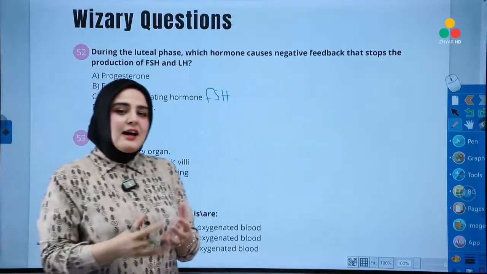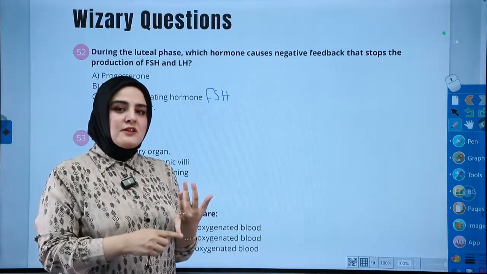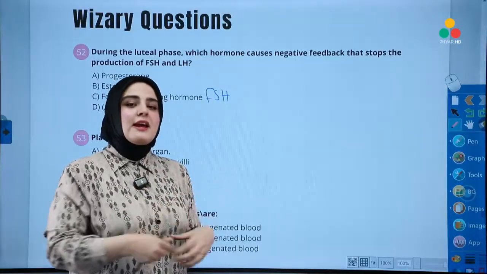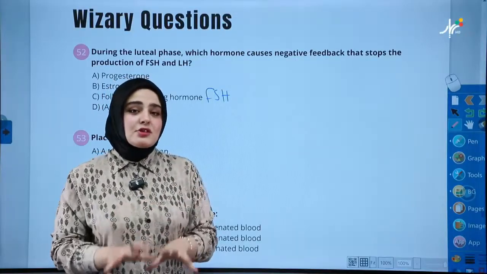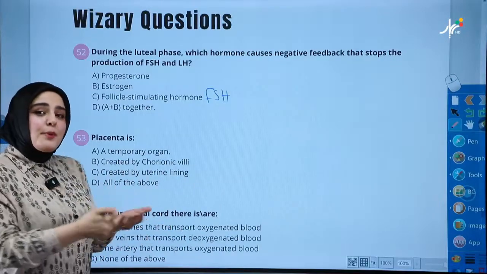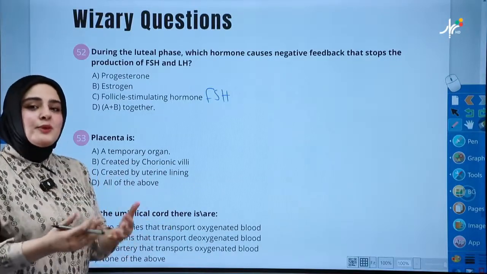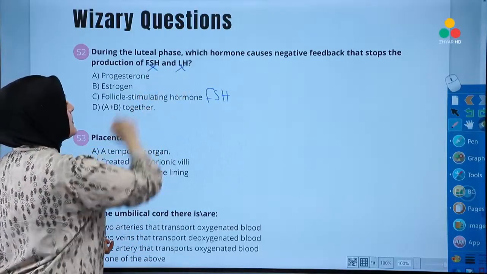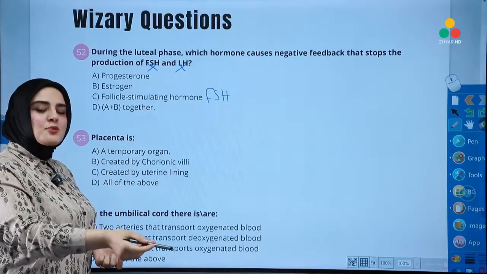Let's see. The idea behind FSH is to prepare an ovum and make it mature. And after it gets mature, the LH comes into the picture and makes it ovulate. If both these actions are complete, do we need them? No, we don't need FSH and LH anymore. And how do we confirm these actions were completed?